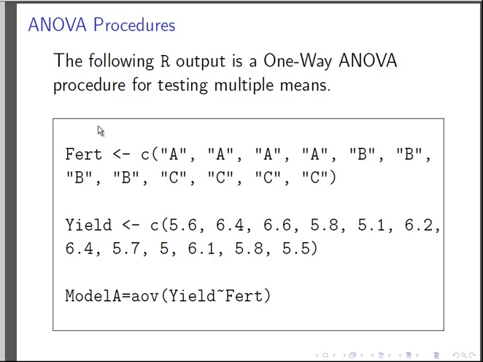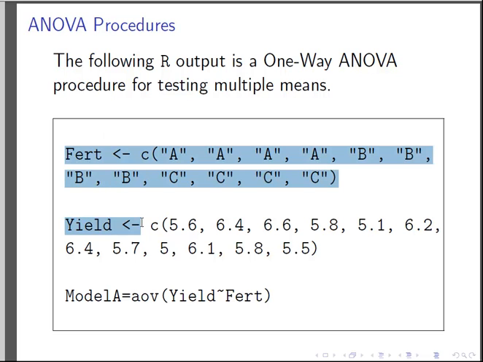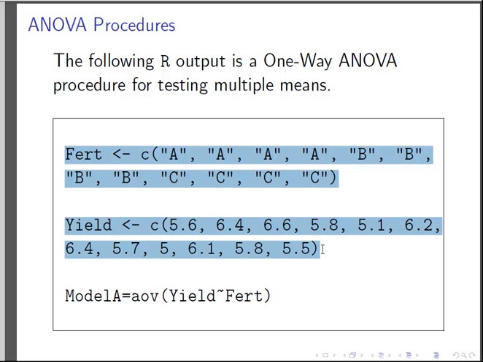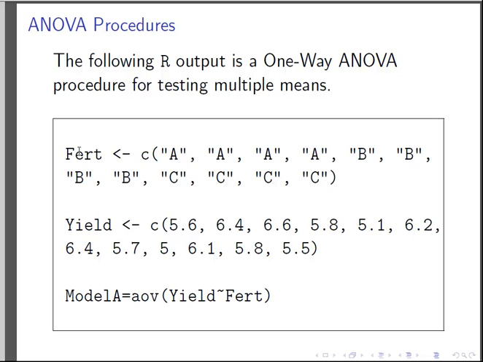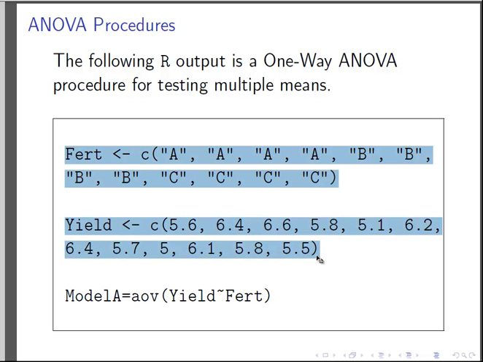This is the data that I'm going to use, and I'm going to set it up like this first off. You could turn it into a data frame, but if you're not that familiar with R yet, you can just set up the data set as fert and yield.